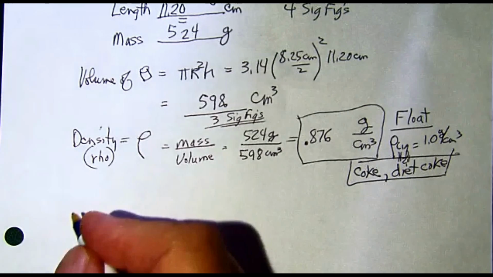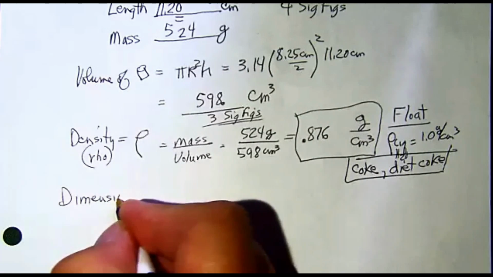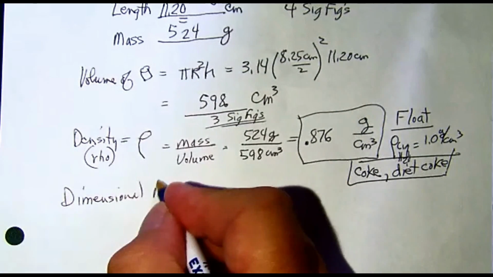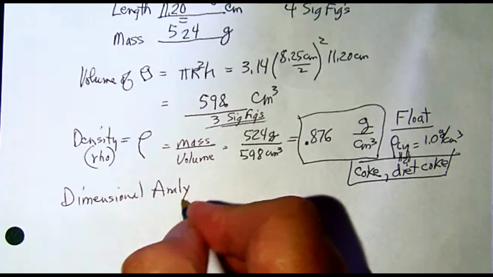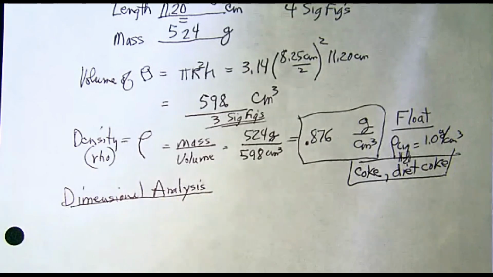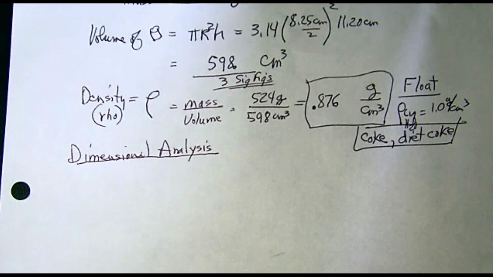All right, so now I'd like to do, this is called dimensional analysis, like X, Y, and Z analysis. That means you're changing from one type of units to another type of units and not making a mistake, dimensional analysis.